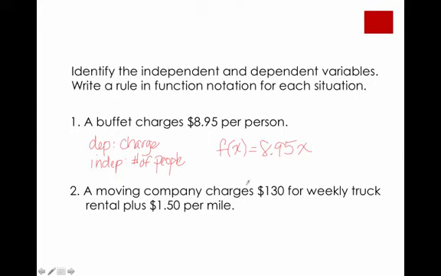Moving company charges $130 for weekly truck rental plus $1.50 per mile. My dependent variable is going to be the total charge. And my independent variable will be the number of miles.